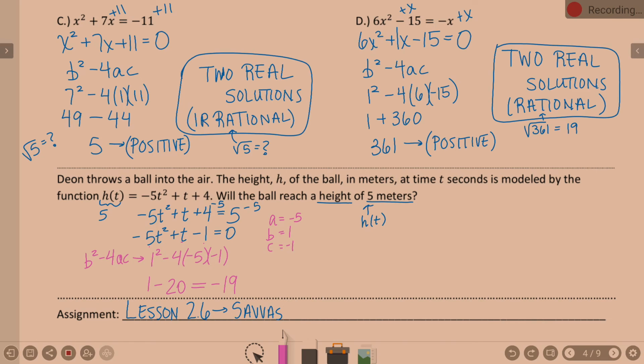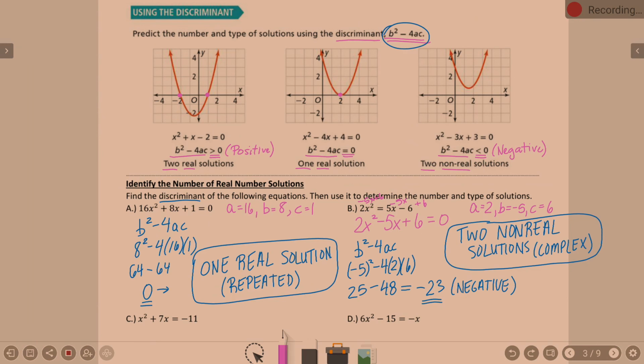What does negative 19 tell me? Yeah, that we were not going to reach 5 meters. Okay, there's a negative discriminant. And if the discriminant is negative, that means there are two non-real solutions.